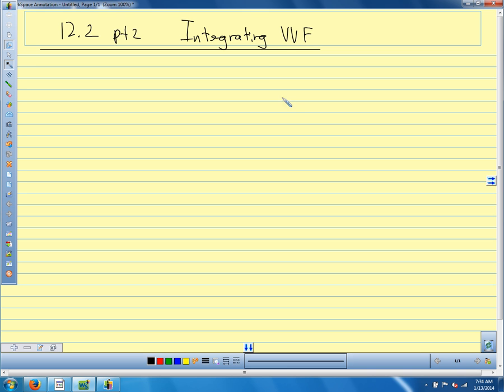So what we're going to do with integration, it really just follows on from how we find differentiation of vector value functions.